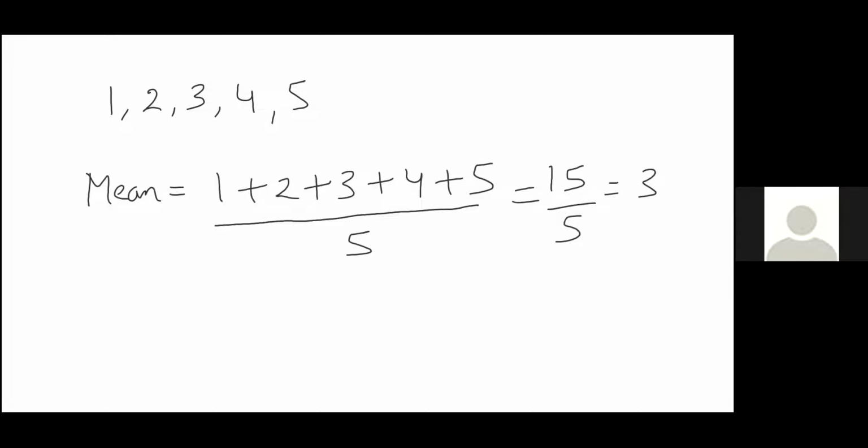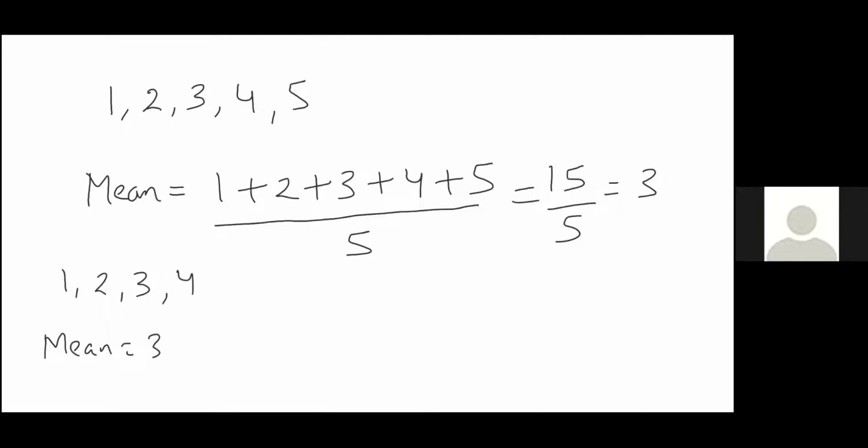Now suppose I tell you in another situation that we have four numbers, 1, 2, 3, 4, and I give you the mean. I tell you that mean is equal to 3. So if you have this information where you have four numbers and the mean, what is the fifth number that you will have? You have no option but to get the number 5.